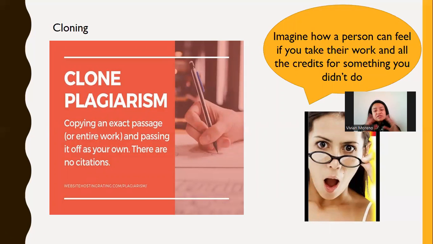You just take another person's work, you present it as if you have done it, and you just change the author. You say, okay, this was written by me, not by this other person who really made an effort to do the assignment, to do the work, right?